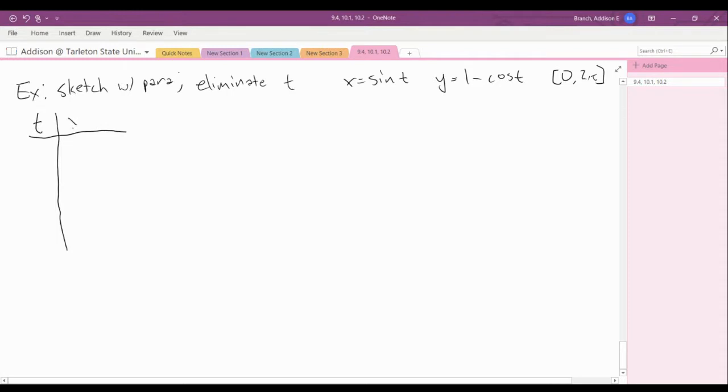So for this one, let's go ahead and do every one of pi over 4. So we're going to do 0, pi over 4, pi over 2, 3 pi over 4, pi, 5 pi over 4, 3 pi over 2, 7 pi over 4, and then 2 pi.